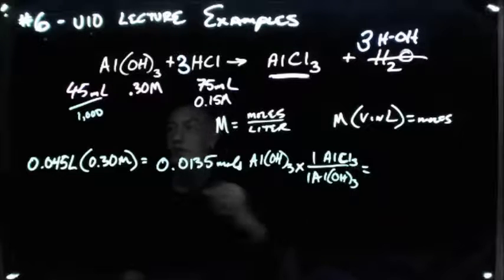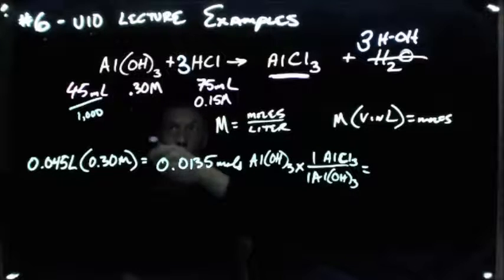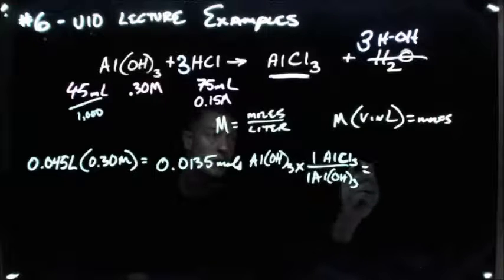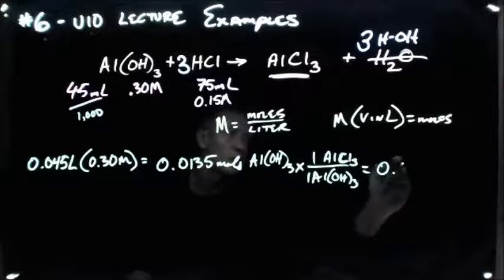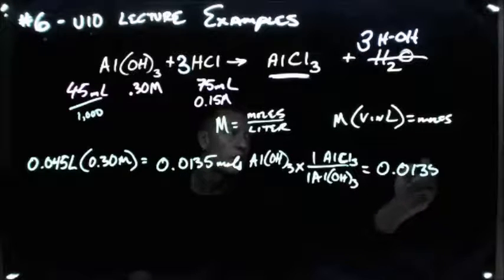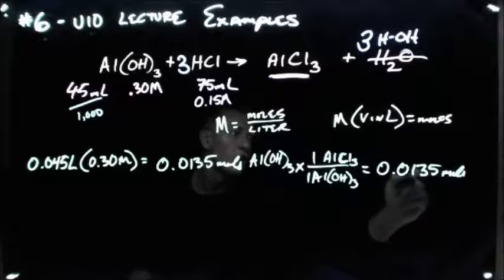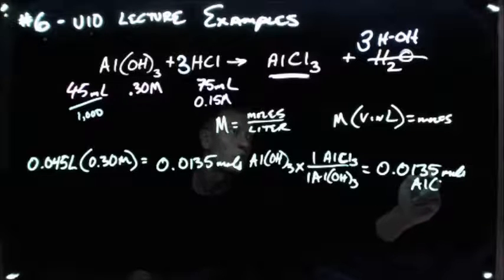So that means from this amount of 0.30 molar aluminum hydroxide, we can obtain 0.0135 moles of aluminum chloride.